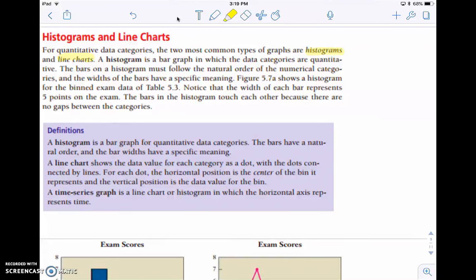From my experience, I see histograms probably at a 5-to-1 ratio, if not more. A histogram is just a bar graph in which the data categories are quantitative. The bars must follow the natural order. So if you're going numerically, you want to go from low to high.